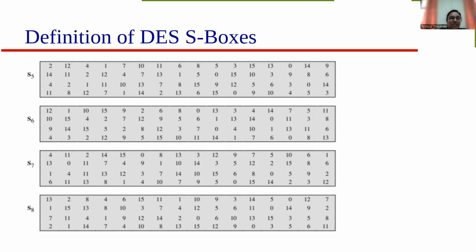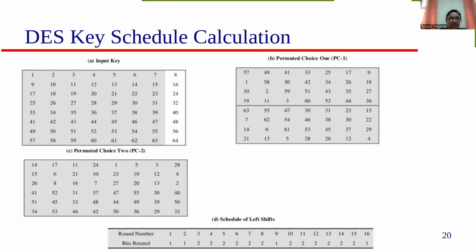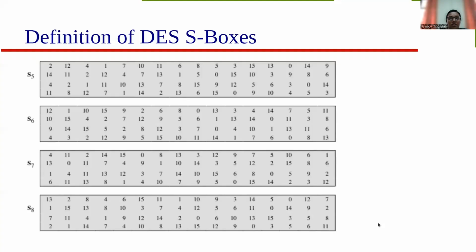Now the input that we get is a 6-bit input. This is for the key. I will show you how to get the value. The 6-bit input that we get, the middle 4 bits will identify which column should be used.